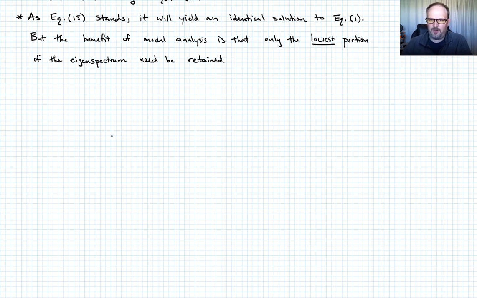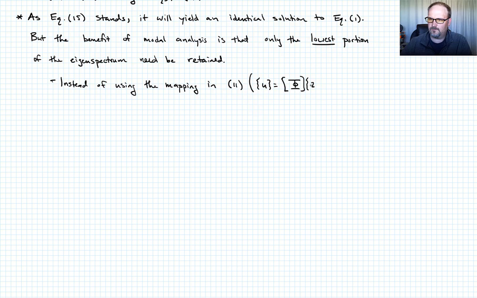Well, instead of using the mapping that we talked about in equation 11, which I'll remind you looked like u is equal to phi times z, right? Instead of using that mapping, we're going to approximate the displacement with some small number of modes.